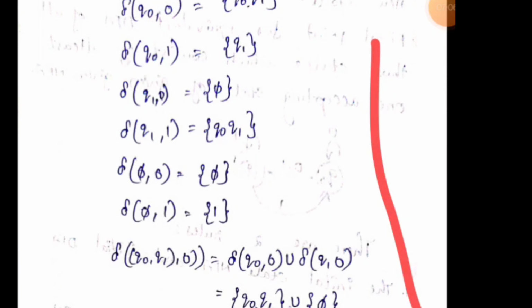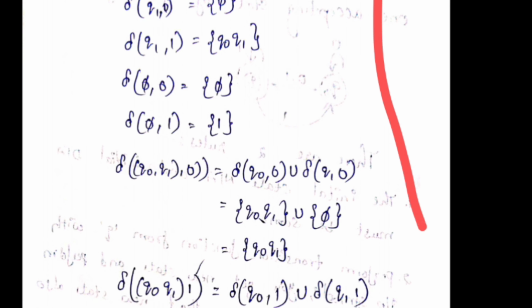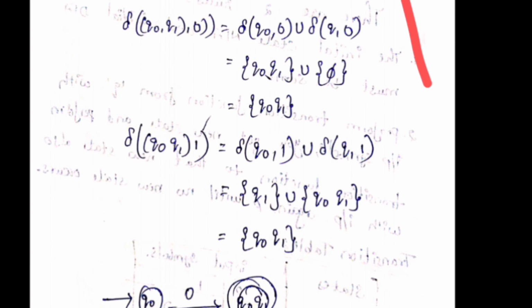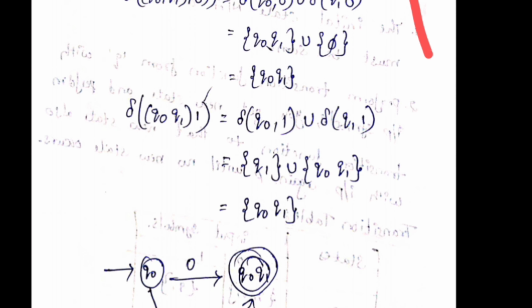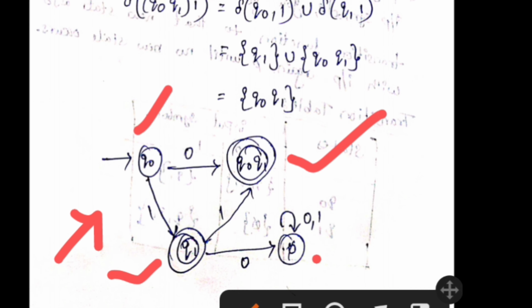For this transition function, this is our transition diagram. How many states do we have here? Q0, Q1, and the new state is Q0 Q1, and another state is phi. So you need to write Q0, Q1, Q0 Q1 and phi.